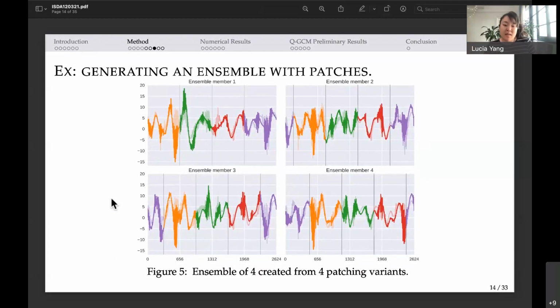You can see that even though all of these are generated from a single sample, we are still able to form analogs that look quite different. So that's good. We want some variation in our ensemble.